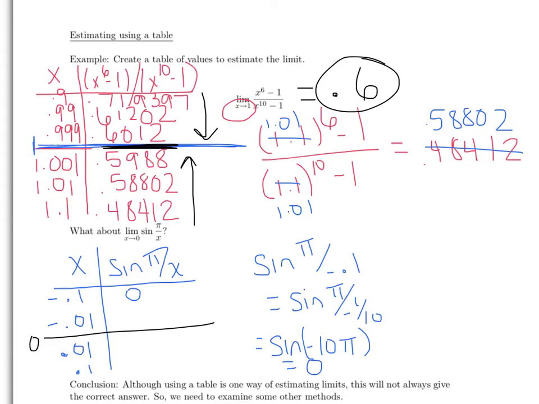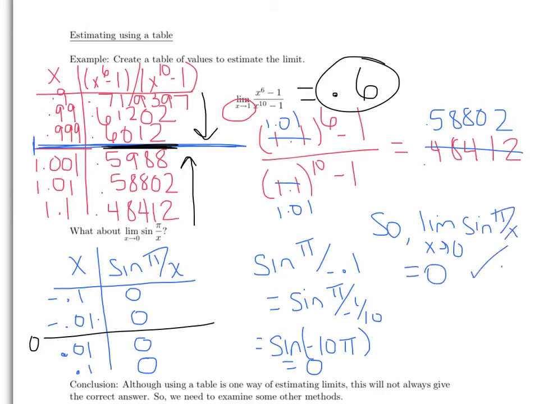This is also going to be 0, the second one, because it's just sine of negative 100 pi. And the positive ones are the same. So these are all going to be 0, because they're all just sine of 10 pi, sine of 100 pi, sine of negative 100 pi, sine of 10 pi. So you would say, well, my answer is the limit as x approaches 0 of sine of pi over x is equal to 0.